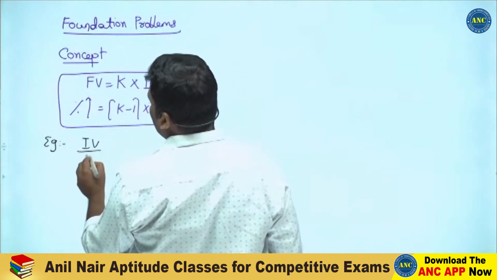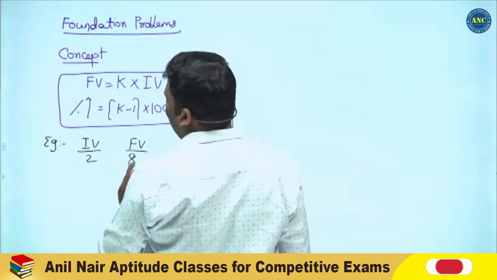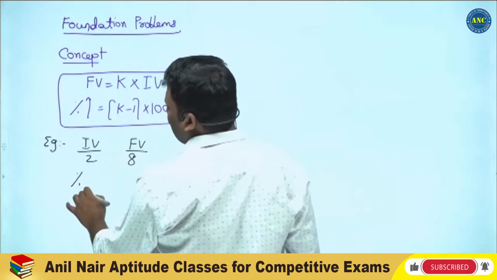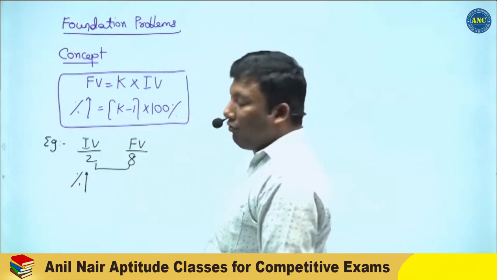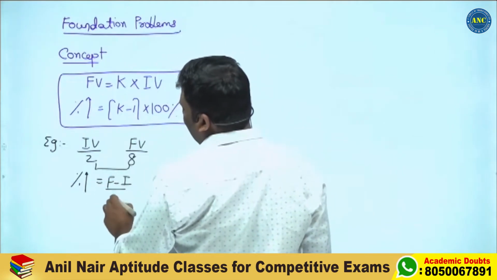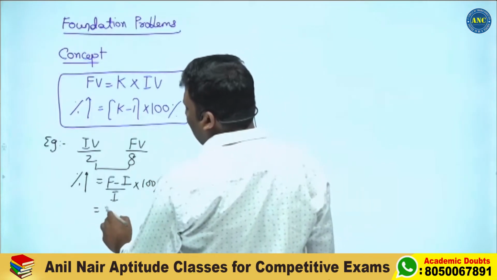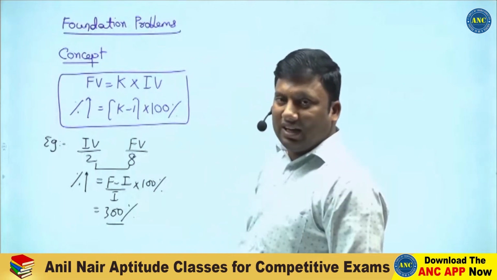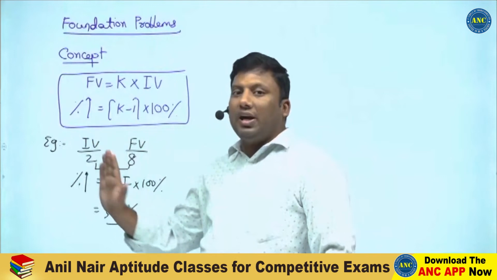Initial value, if it is 2, final value it is 8. What do you mean by percentage increase? 2 is becoming 8, so it is going 4 times. Percentage increase is given by final minus initial by initial, because it is change by initial. 300 percentage increase. 8 is 4 times 2.